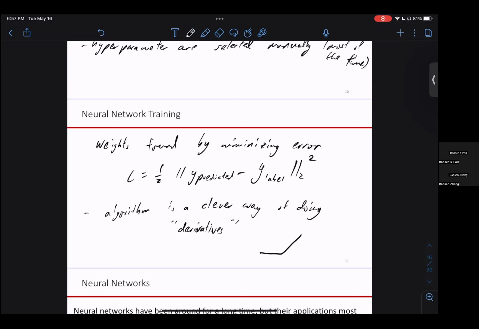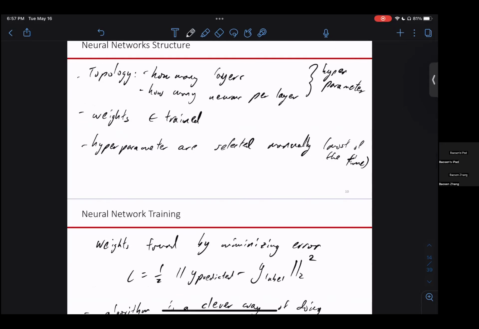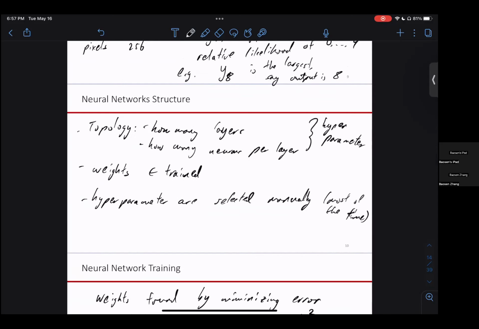So if you're doing theory, machine learning research, a big part is why does this training work? If you're doing applied work, which most of you will be doing, you're basically in this space tuning hyperparameters. And this is a little bit of an art.